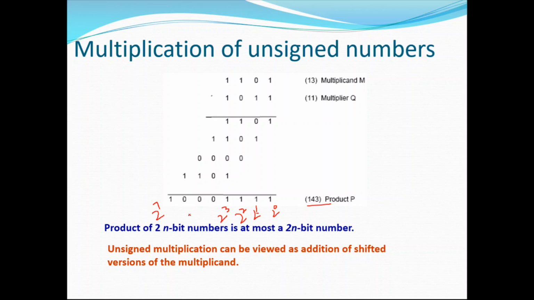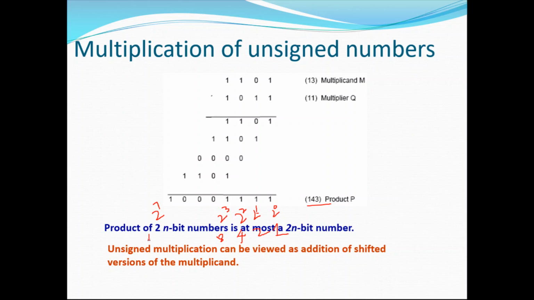You just add all these things. 2 to the power 0 is 1, 2 to the power 1 is 2, 2 to the power 2 is 4, 2 to the power 3 is 8, and 2 to the power 7 is 128.